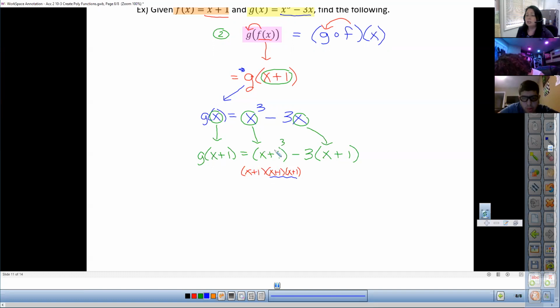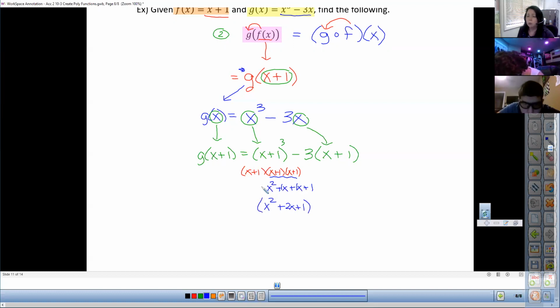And the reason we can't just distribute the power of 3 is because we have to distribute x plus 1 to x plus 1. So that's where the distributing happens, not at the beginning, but here. So when I take x times x plus 1, I get x squared plus x. And then distribute the 1, it gives me plus x plus 1. Combining 1x and 1x, that gives me x squared plus 2x plus 1.